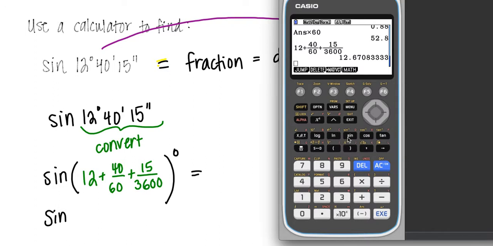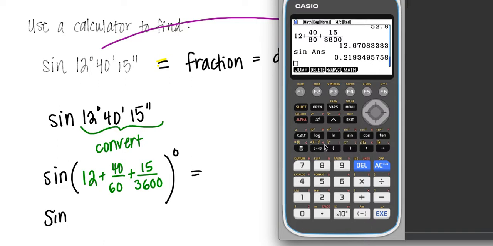Now, you may have a calculator that allows you to just bring this answer in. So I'm going to hit sine, and then in my calculator, shift answer. And it's going to bring that exact value in.